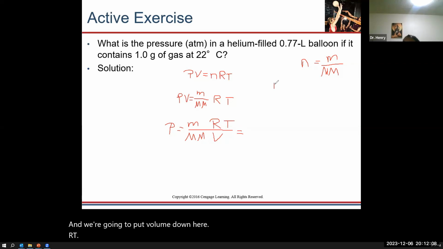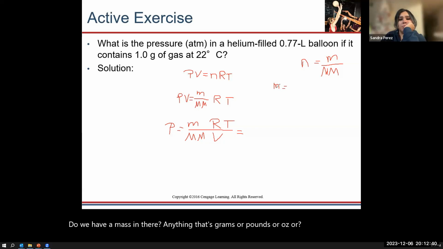Okay, so we know that mass is equal to what, based upon what the problem says? We have a mass in there. Anything that's grams or pounds or ounces. It's 1.0.